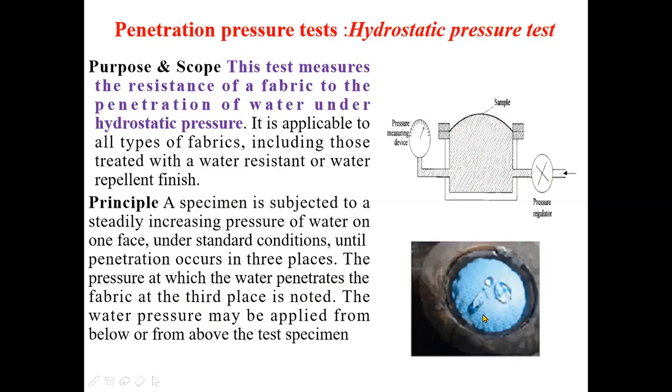So you have to measure the pressure head under which water particles will be present on the opposite surface at three different places. And this pressure will give the degree of resistance to penetration of water under pressure.